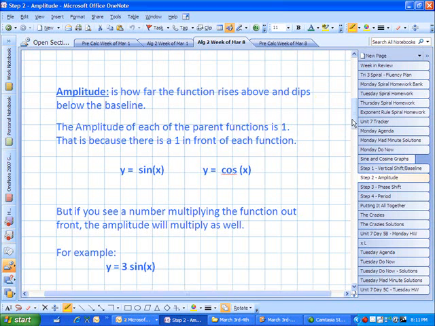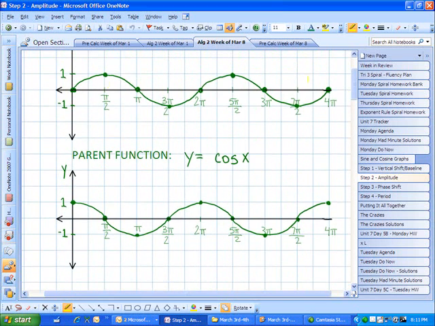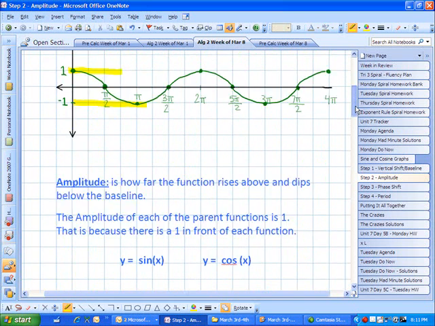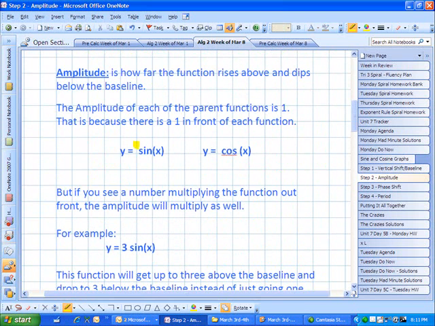All the other functions we've dealt with, if you look at these ones up here, go up 1 above and dip down to 1 below, and they never get any higher or lower than that, both on the sine and the cosine. That's because there is no number out here. Basically, there's a 1 out in front of each of these functions, a 1 and a 1. That's why the amplitude is 1 for each of those.